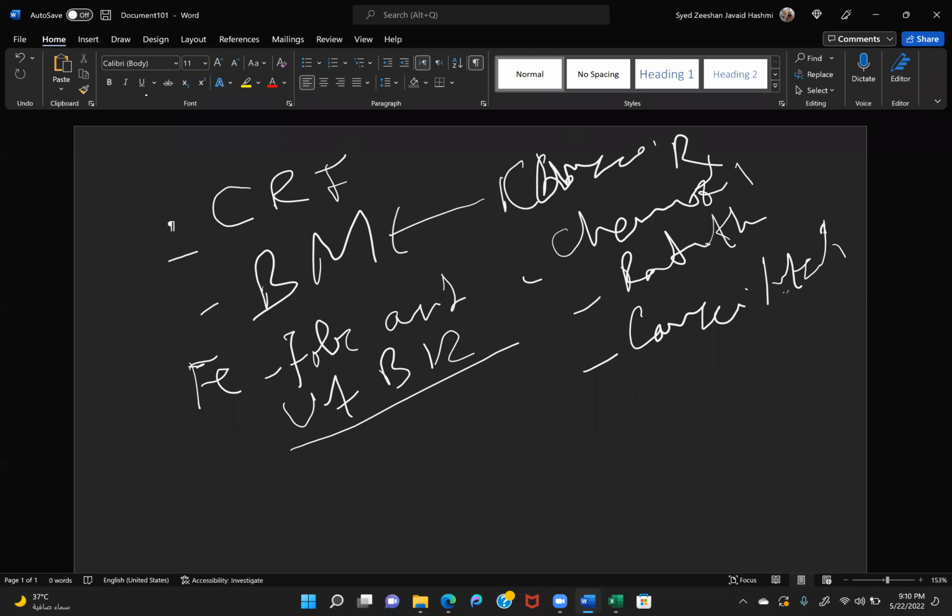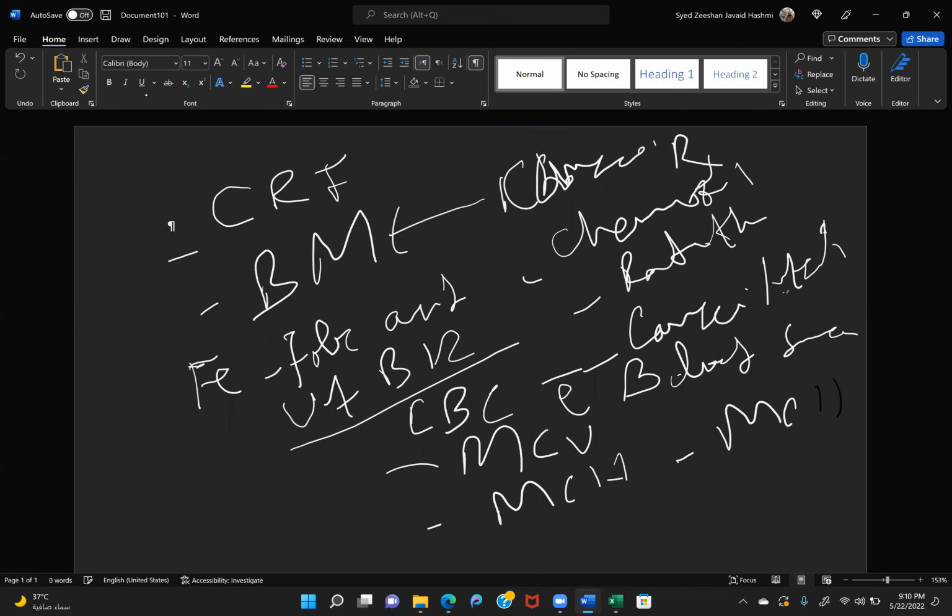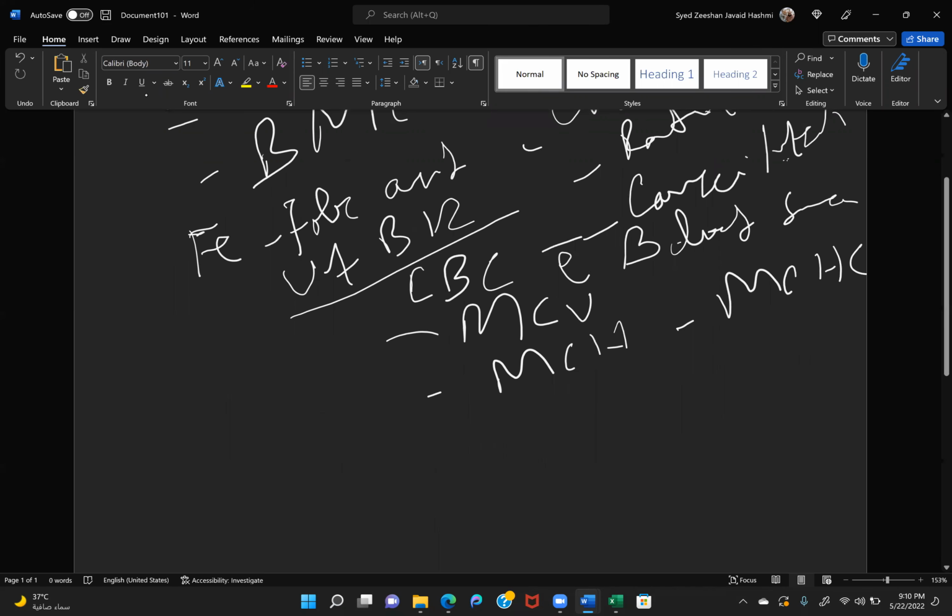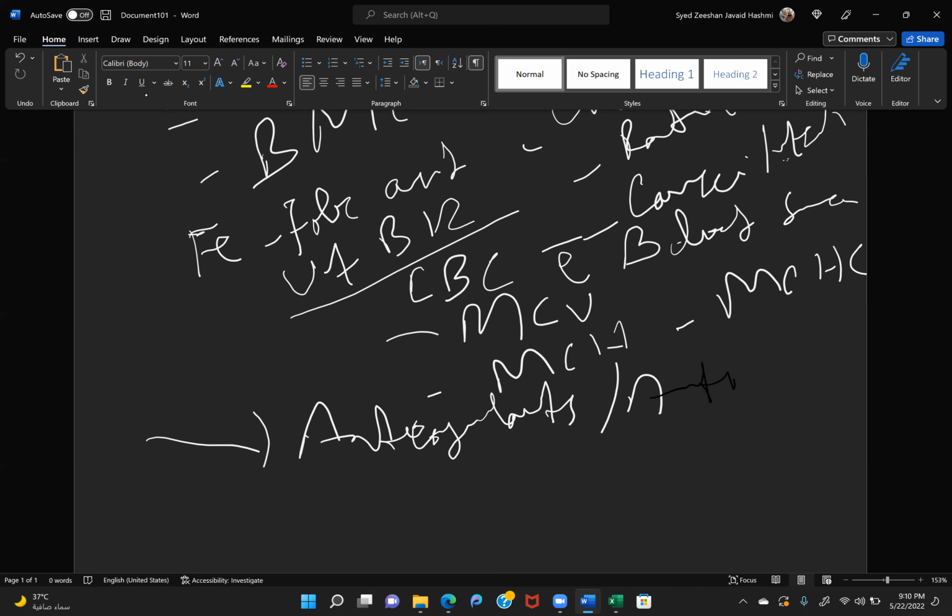Evaluate the cause with a CBC and peripheral blood smear, looking at MCV, MCH, MCHC. Another thing, not directly related to anemia, is to avoid, optimize or manage anticoagulants and antiplatelets. This is part of your management of a patient with anemia.